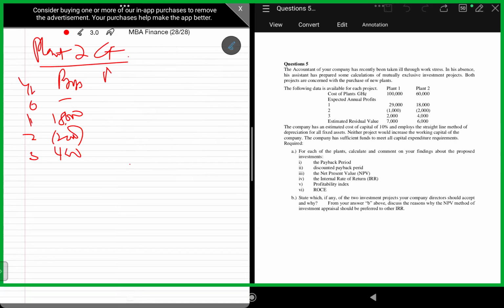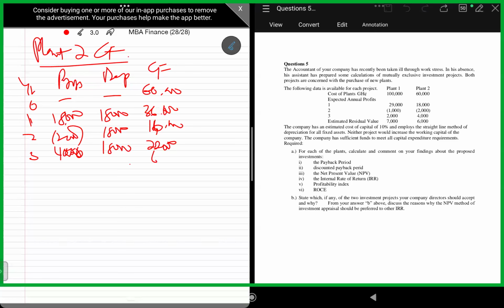Then I have the depreciation. What does the depreciation charge? 18,000 for year 2, plan 2. So year 0 dash, 18,000, 18,000, 18,000. Then I have the cash flow. The cost of the asset is 60,000. Then we have 36,000, 16,000, 22,000. Then we'll bring the estimated residual value of 6,000, year 3. So this together gives us 28,000.